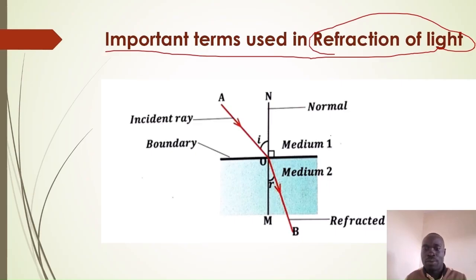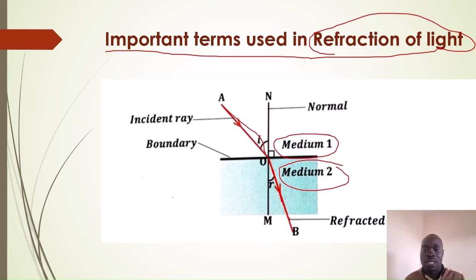Let's consider two media. Medium 1, in this case let's say it is air, and medium 2, let's say it is glass. When a ray of light travels from a less dense medium, which is air, or medium 1, to a more dense medium, which is glass, the light will be refracted towards the normal.